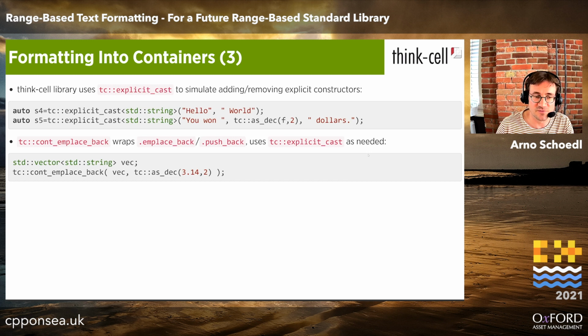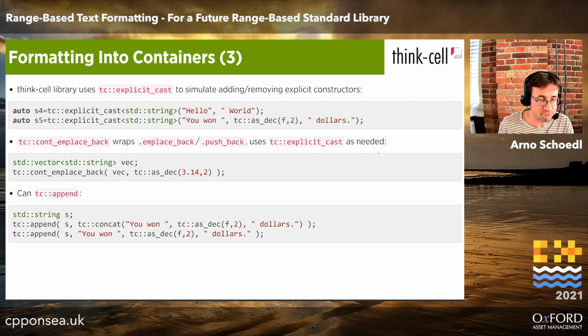It would convert into a std string when it's actually pushed into the vector. And the emplace_back wrapper basically takes care of that, using explicit cast as a little helper. And of course, you can also append to a string, right? And there the same is true. You can append a single argument that could be a concat, or you can just omit the concat. And if you have multiple arguments, they just get appended one after the other.